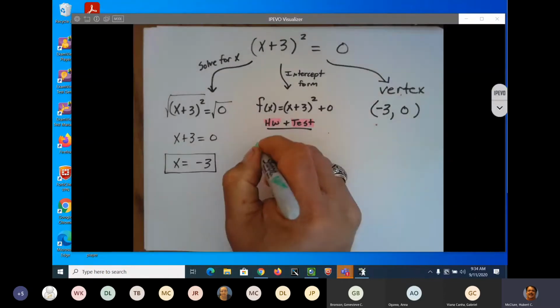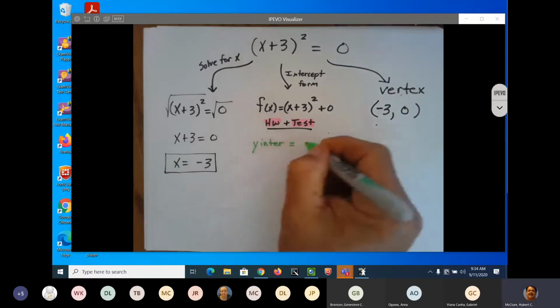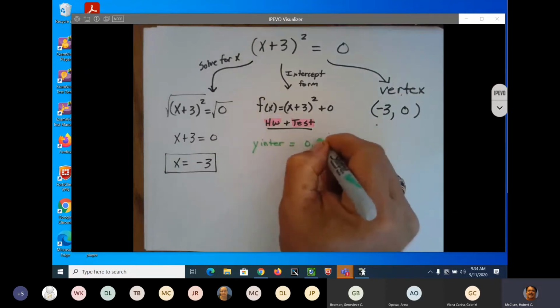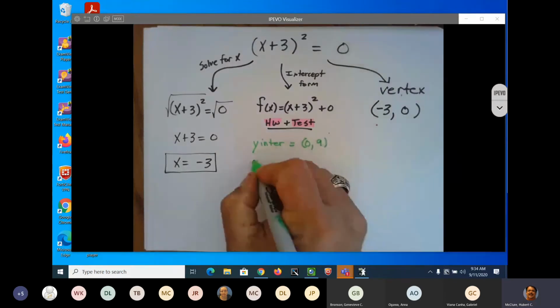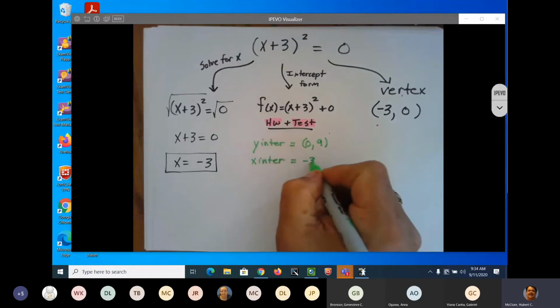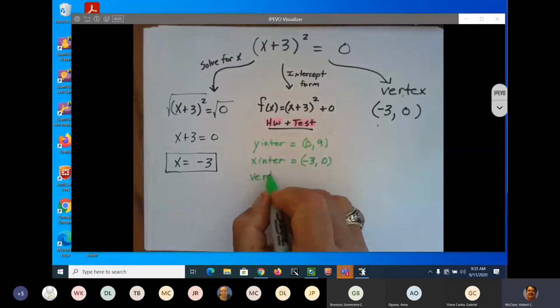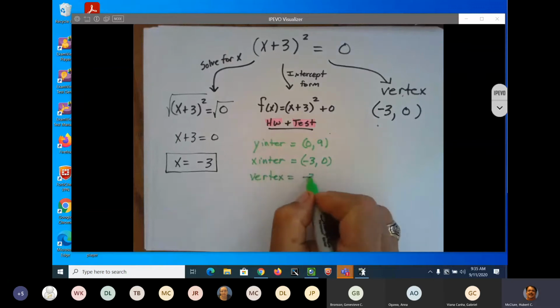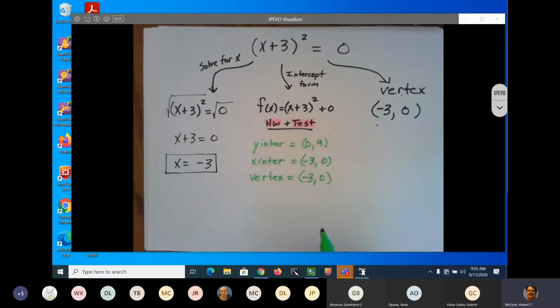We know that our y-intercept is equal to (0, 9). We know our x-intercept is equal to (-3, 0). And we know our vertex is equal to (-3, 0). Now this is a coincidence. It happens with some, and we're going to get to that later.